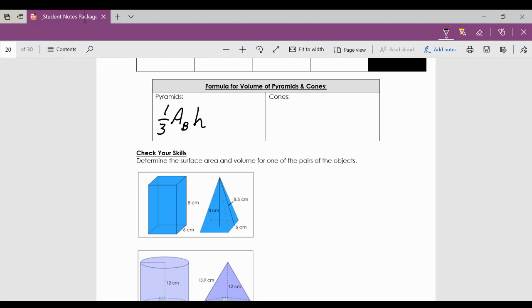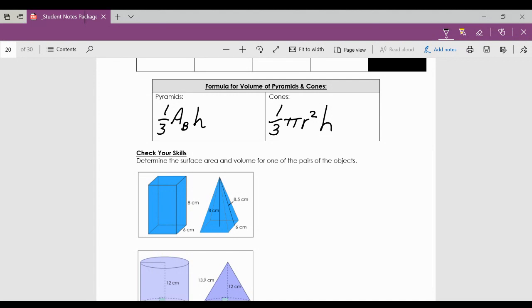Similarly for cones, it's 1/3 the area of the base of a cylinder, and that's a circle, so that's pi r squared, and then times the height. And when you multiply something by 1/3, it's the same as dividing by 3.